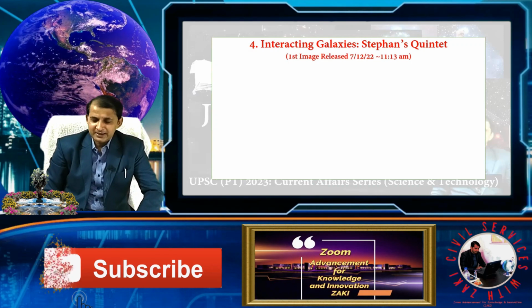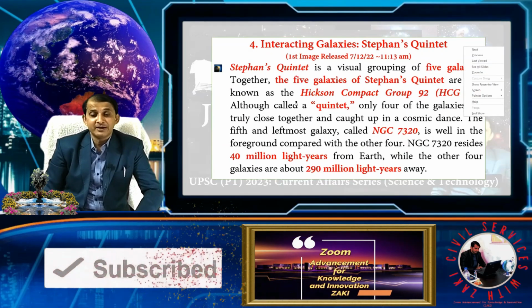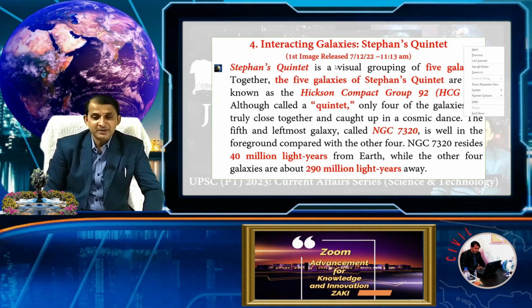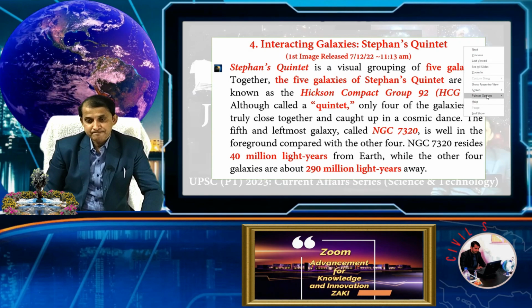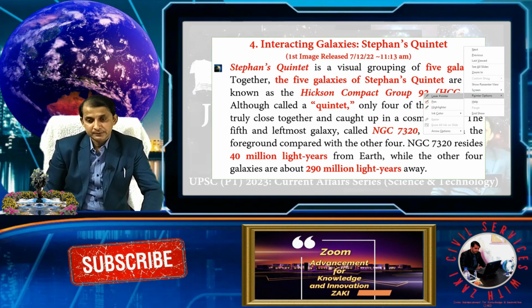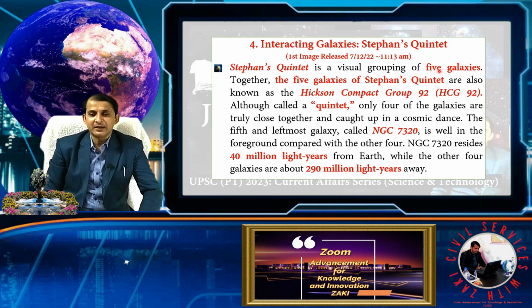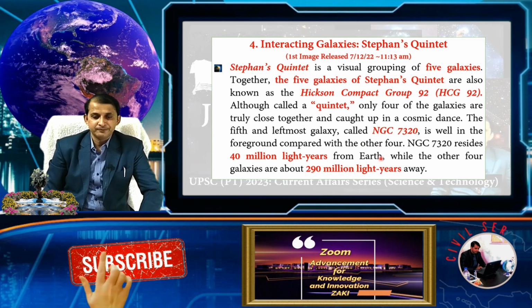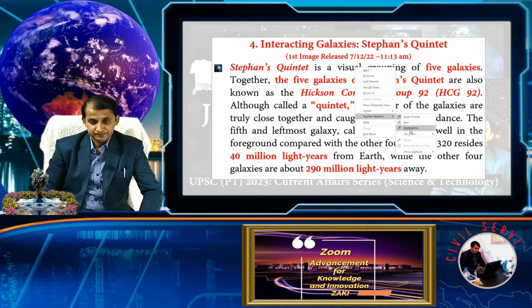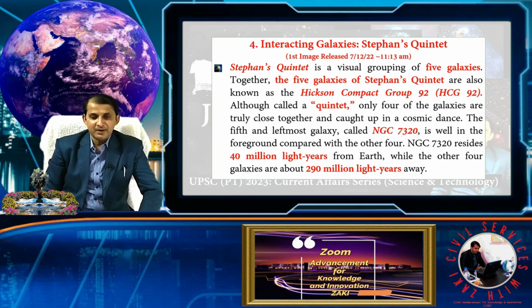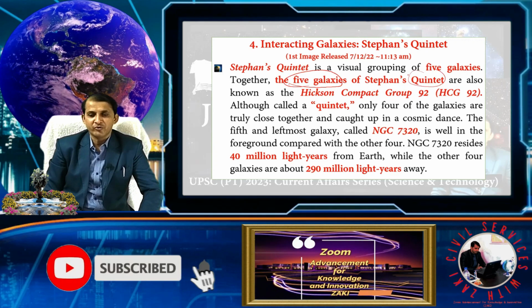It is the fourth image officially released by NASA. Stephan's Quintet is a visual group of 5 galaxies, that's why it is called Quintet.